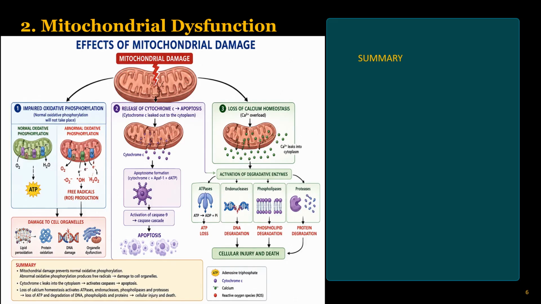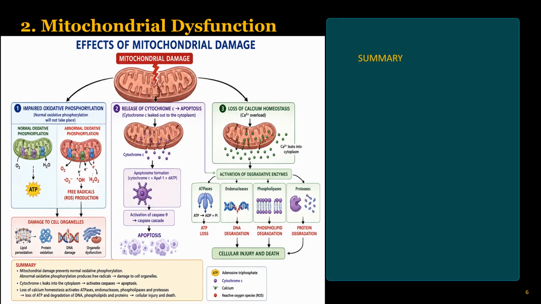Under physiological conditions, it uses normal oxidative phosphorylation to produce ATP. But if the mitochondria is damaged, it performs abnormal oxidative phosphorylation, which leads to the production of free radicals. And these free radicals damage the organelles that are found inside the cell.